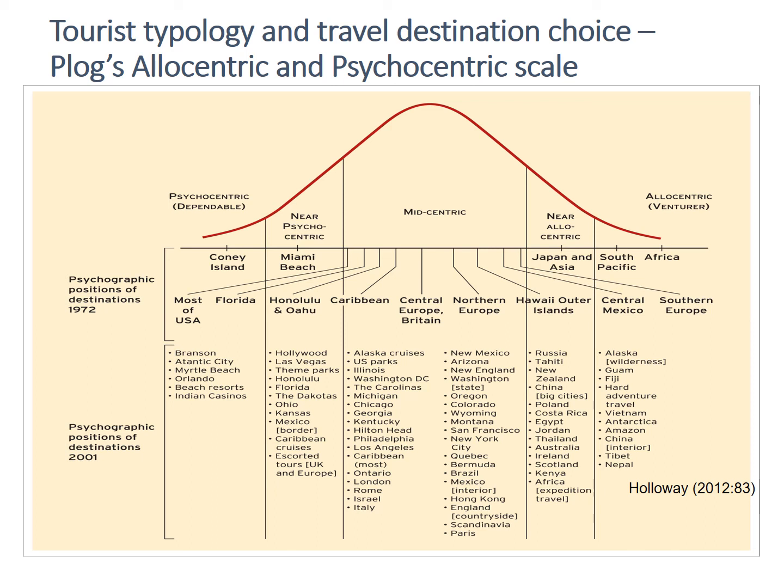On the left you've got Coney Island with the Psychocentric dependable, and the psychographic positions of destinations from 1972 and in 2001. So you can see how certain areas and regions can be classified in terms of Plog's definitions of the Allocentric and Psychocentric scale, according to Holloway 2012.